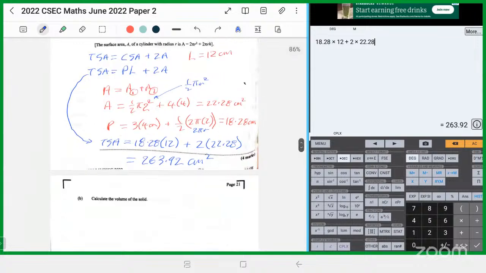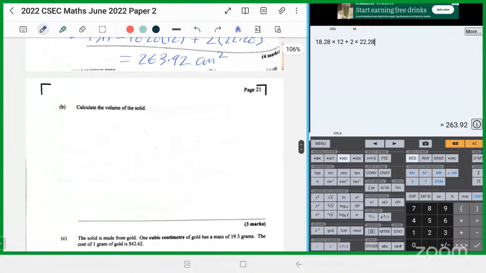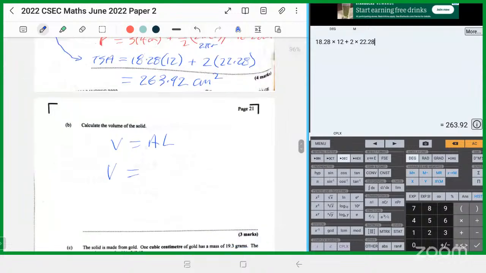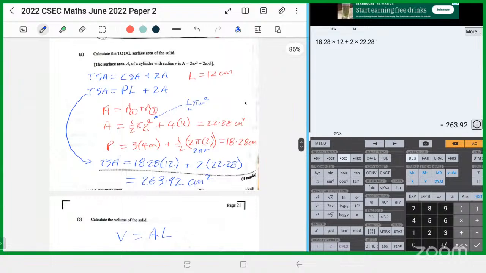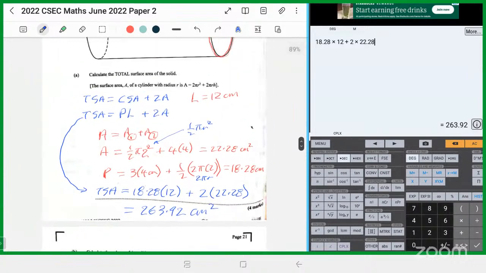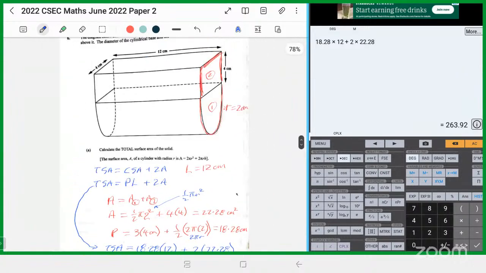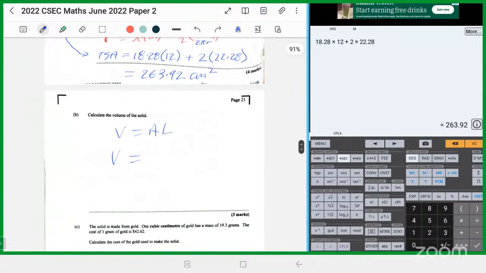Then it said to calculate the volume of the solid. Easy. The volume of a solid is the end area times the length. Three marks are given for that. We have the end area already up here, 22.28, and we have the length. So the volume of the solid is 22.28 times 12. Three easy marks for that.